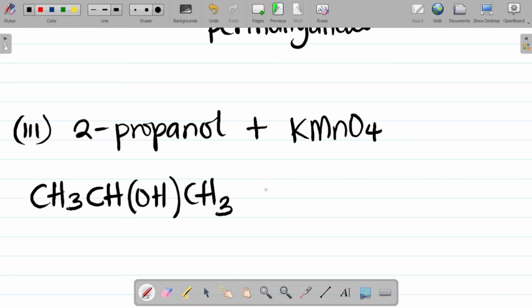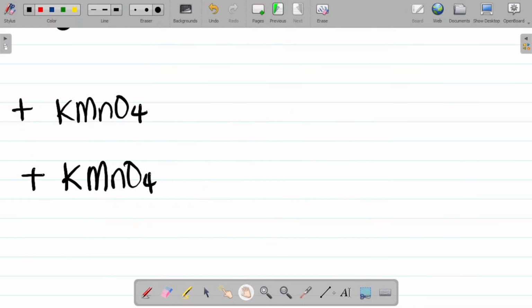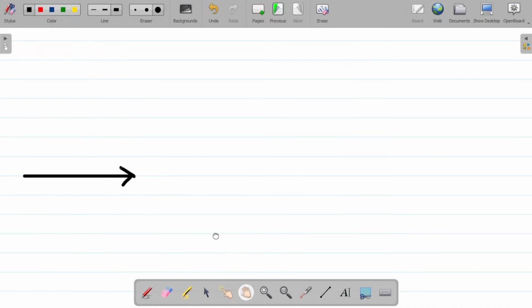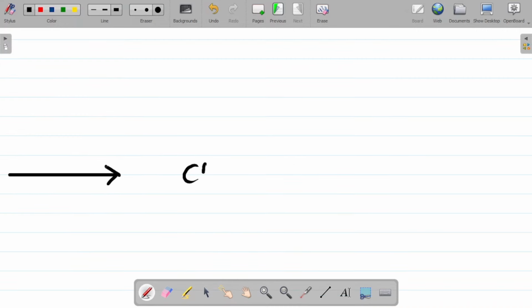So this is 2-propanol combining with potassium permanganate. All right, if these two combine, what do we have? I'll have this. What I'll have here would now be 2-propanone, which is CH3 single bonded to C upwards O, then here becomes CH3.